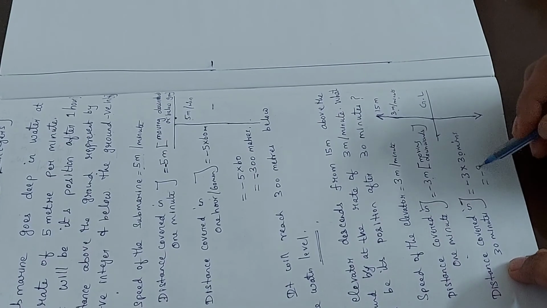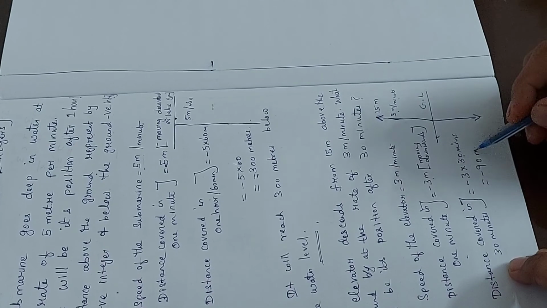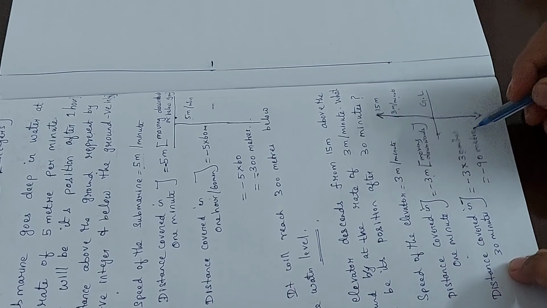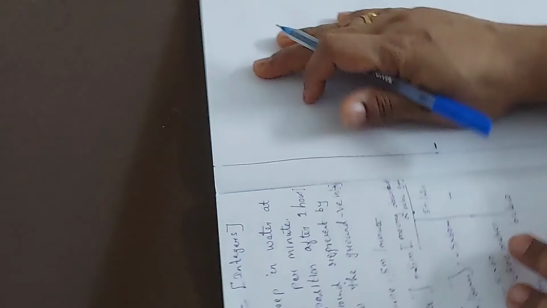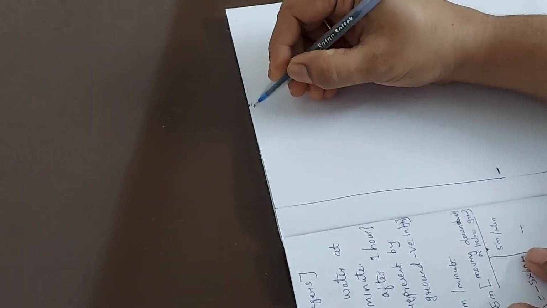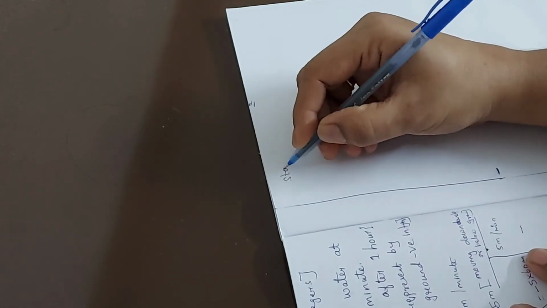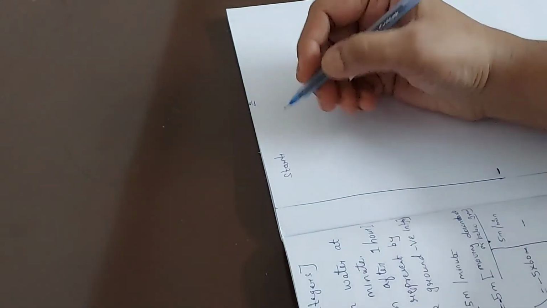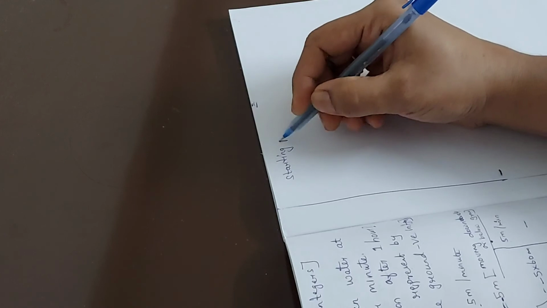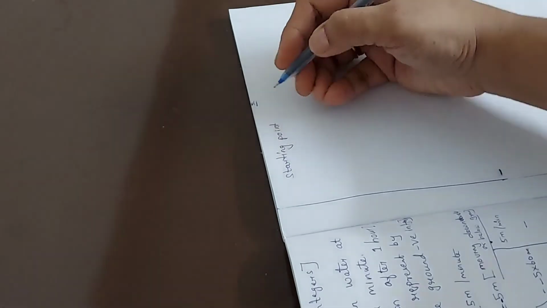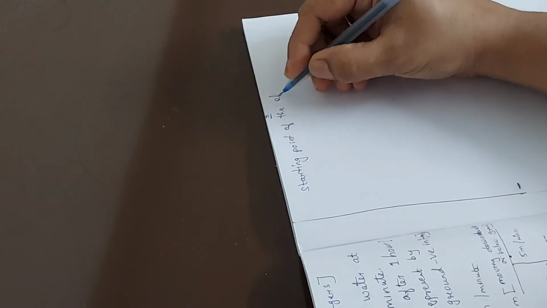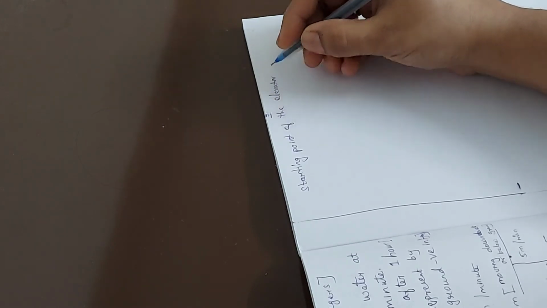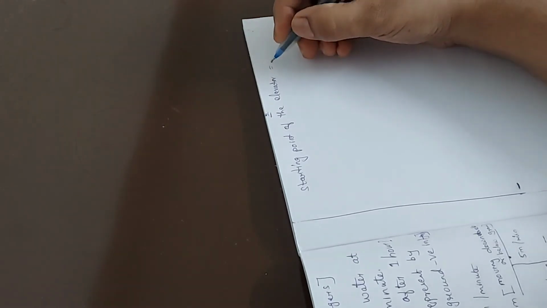So I will get minus 90 meters. Okay children, so then what is the starting point of the elevator? The starting point of the elevator is equal to what?